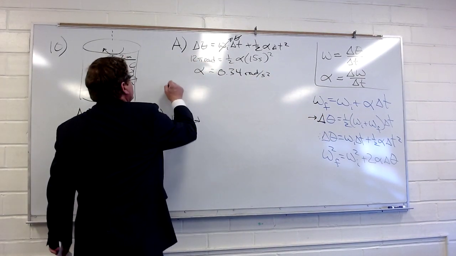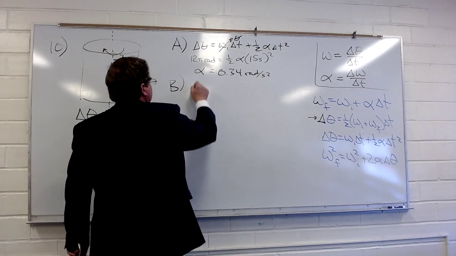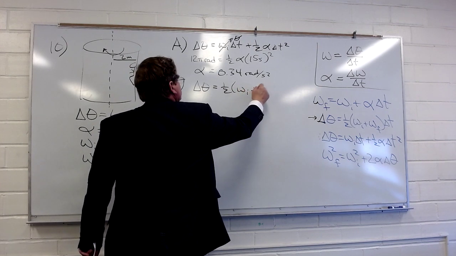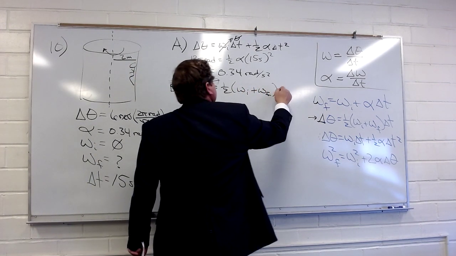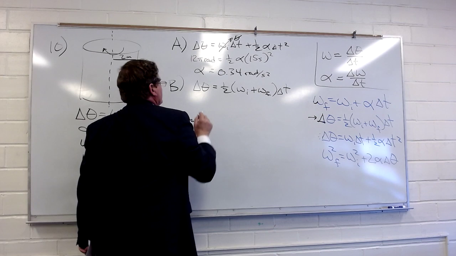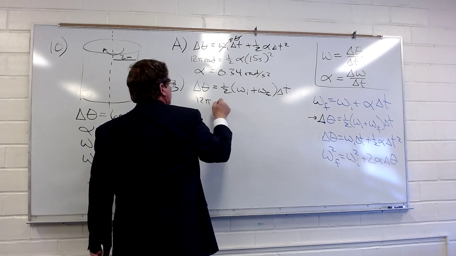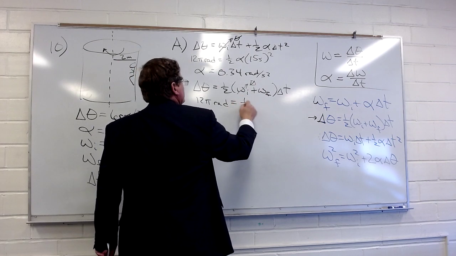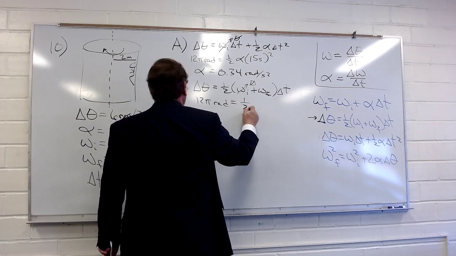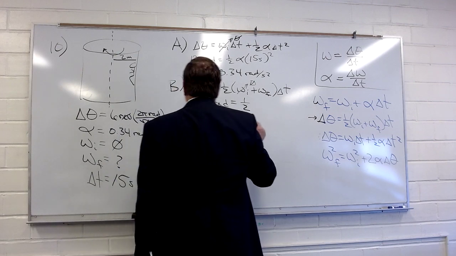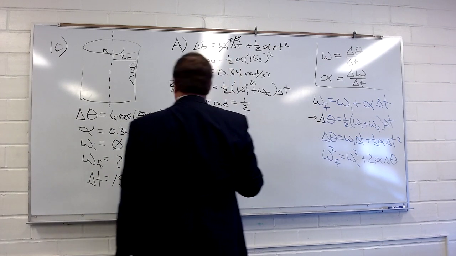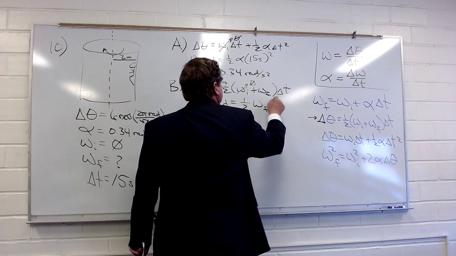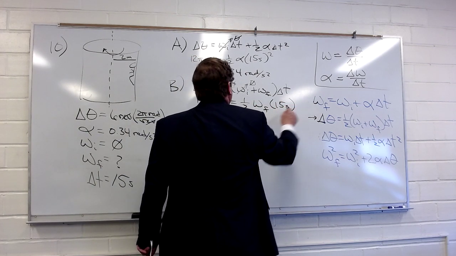And so for B, I've got delta theta is equal to 1/2 omega initial plus omega final delta t. And this is 12 pi radians. This goes out, and that's equal to 1/2 times, that's what we're looking for, omega final times 15 seconds.